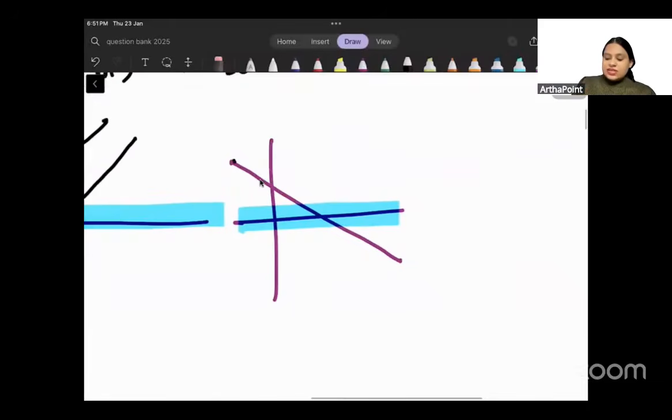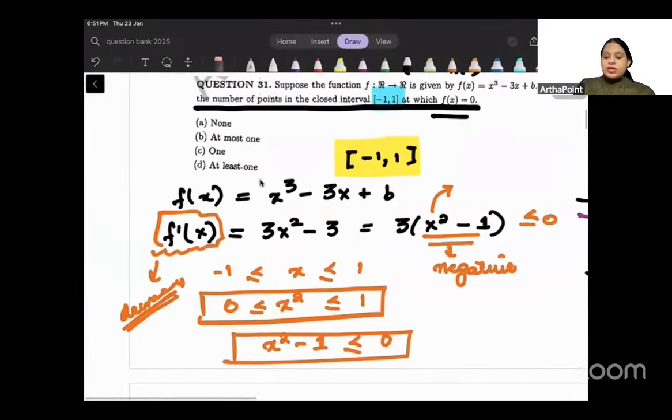Similarly, if it is a decreasing function, either it will cut the x-axis once or it will never cut the x-axis, like this. So whenever you have an increasing or decreasing function, at most it can cut the x-axis once. It will not do it more than once. This is the first thing that you have to remember.